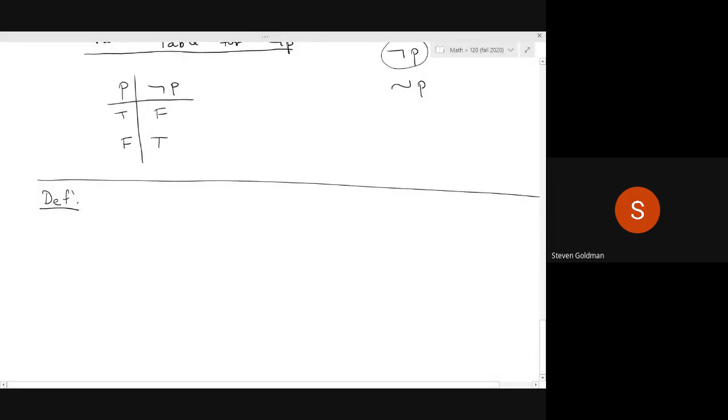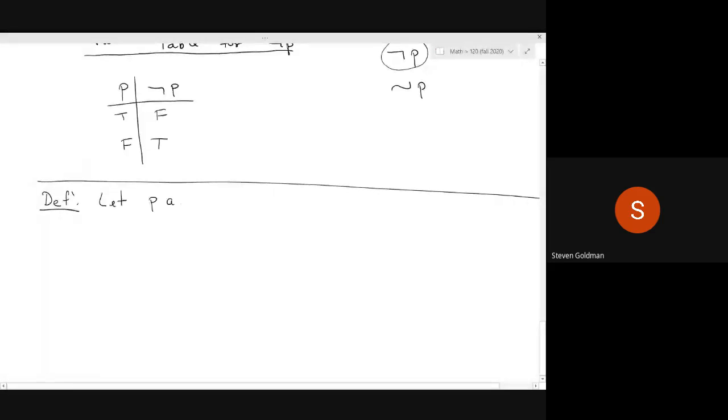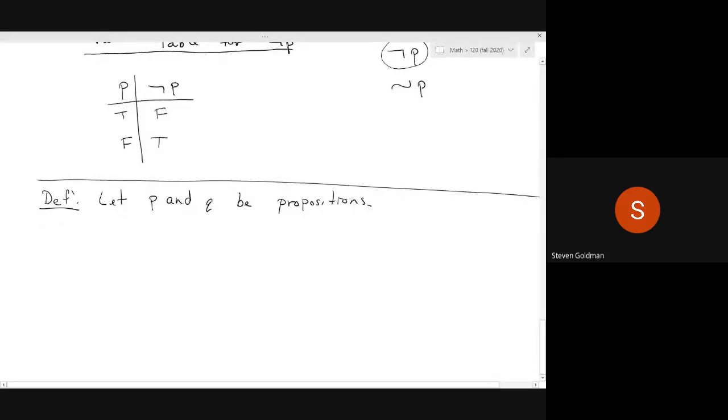So this is the definition for a conjunction of two or more propositions. Let P and Q be propositions. P and Q represent two propositions.